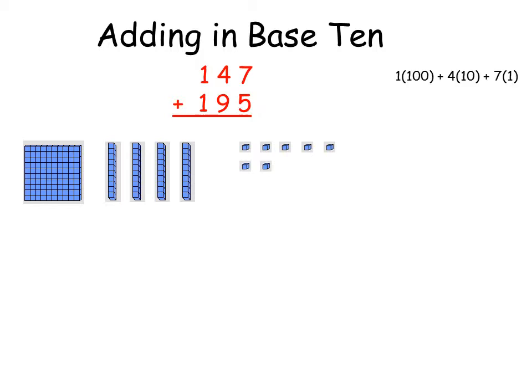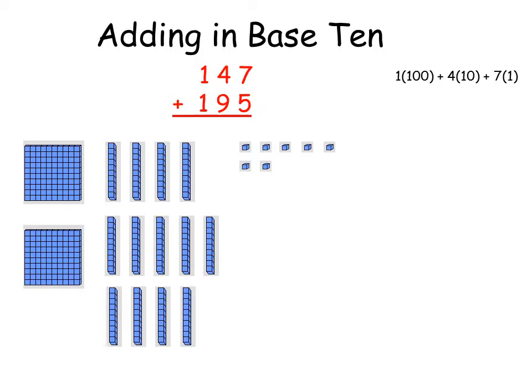In expanded notation, that's one group of 100, 4 groups of 10, and 7 groups of 1. To this amount, I want to add 100, 9 tens are 90, 5 ones are 5, for a total of 195. In expanded notation, that's one group of 100, 9 groups of 10, 5 groups of 1.